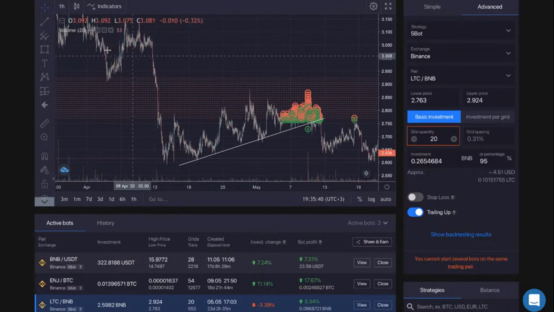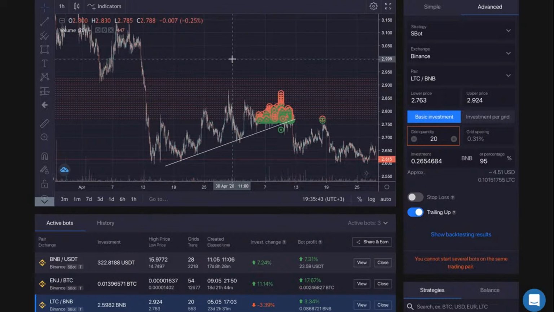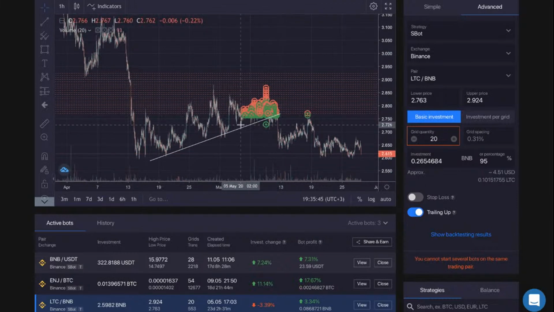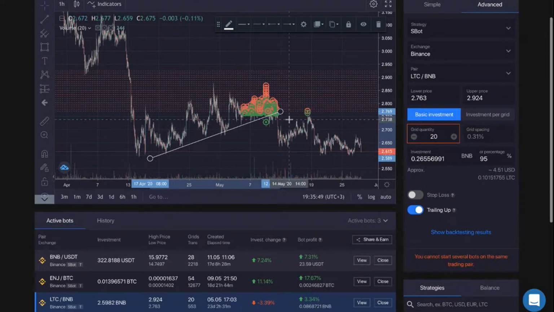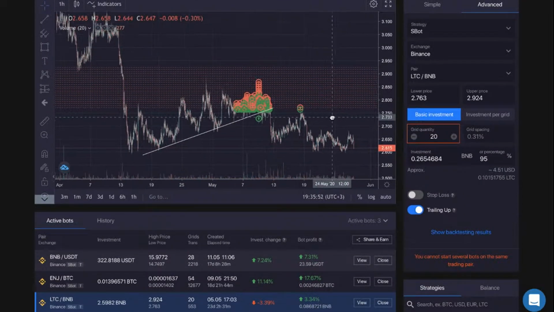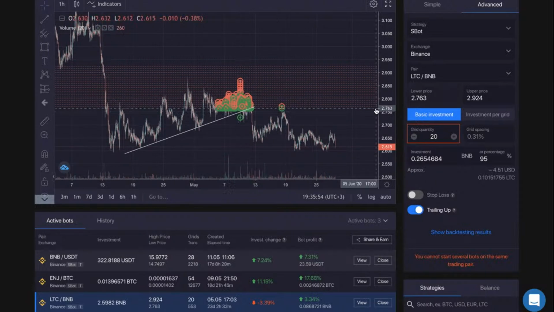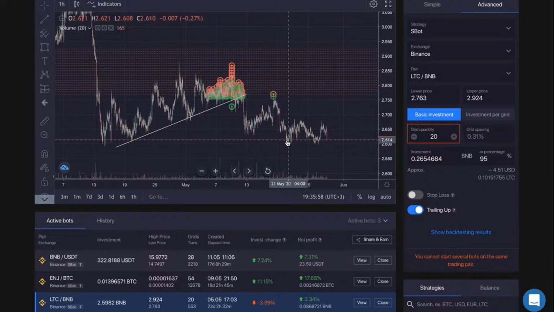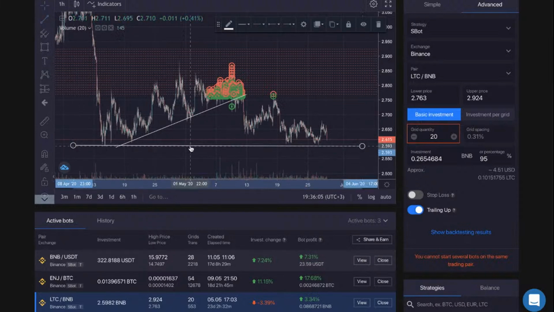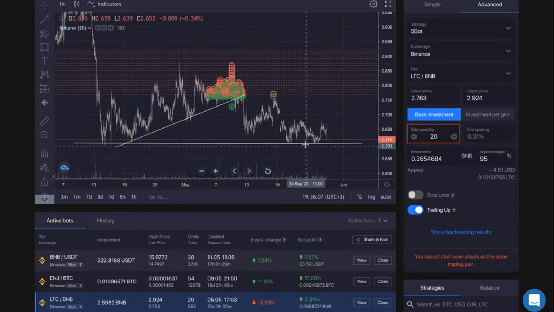You must simply take the lesson out of it. The optimal idea here would be to use the stop loss and then to reopen my bot at the very bottom, right here, because you can see that I have a very strong support level over here, which means that there are quite high chances of the price bouncing off this level.